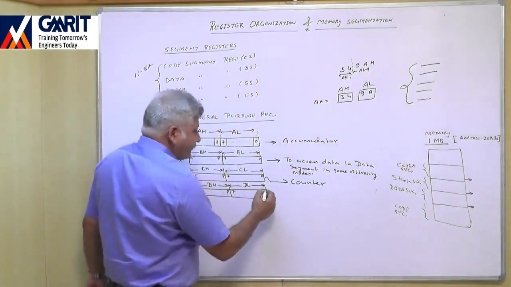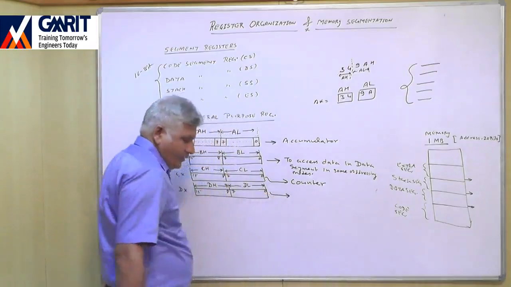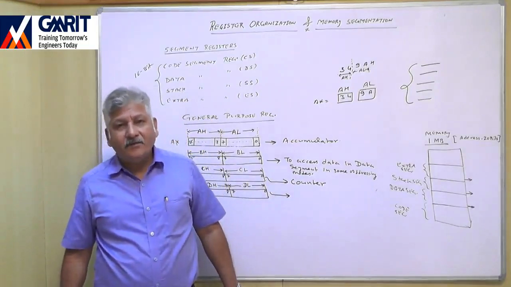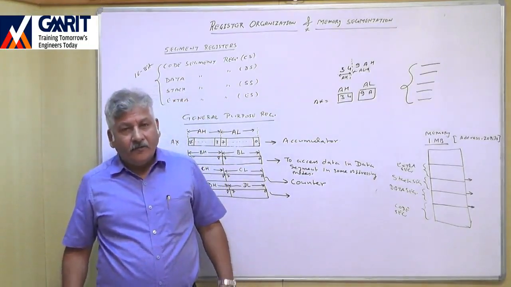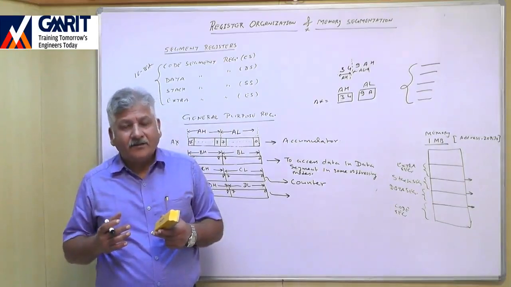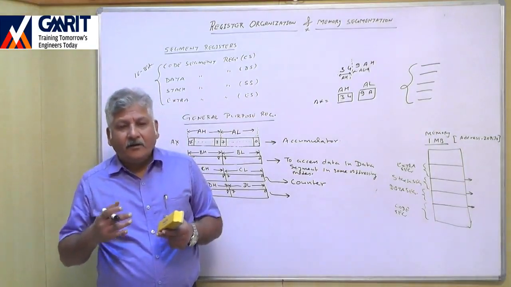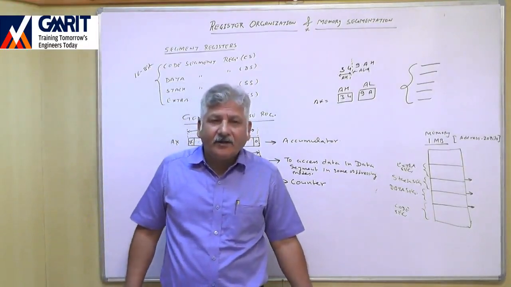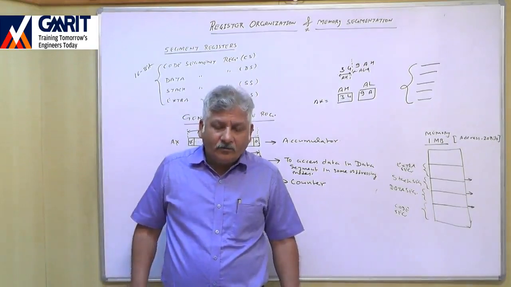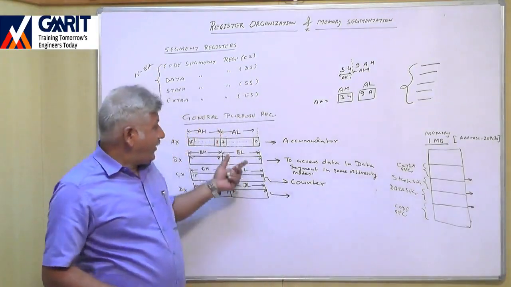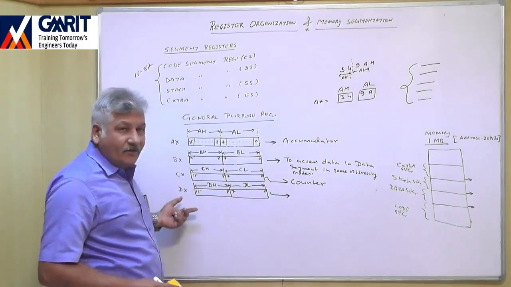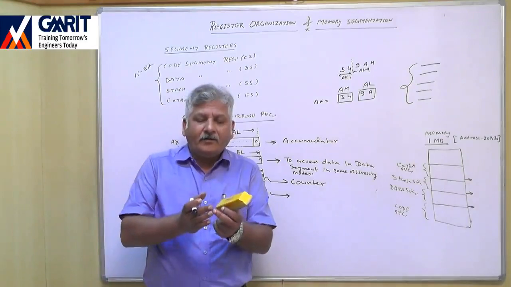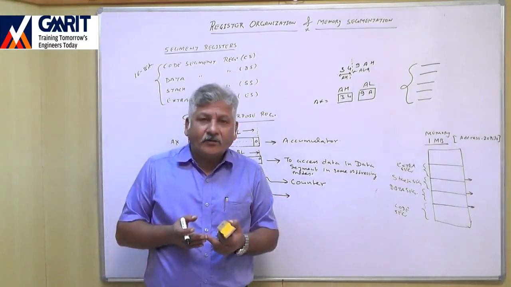And DX. Suppose we are multiplying two 16-bit numbers. Then the result will be more than 16 bits, right? But here we have only 16-bit registers. So if the result is more than 16 bits, where will all of these bits be stored?